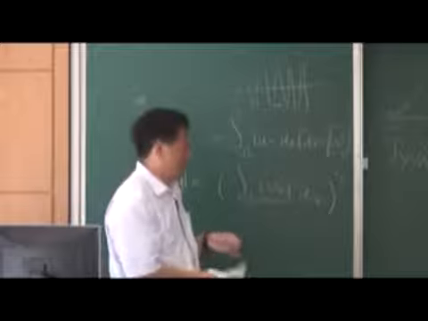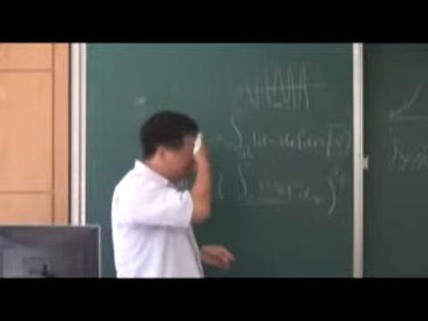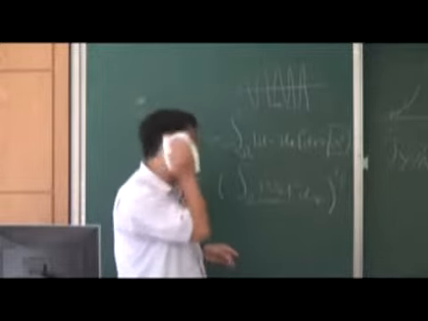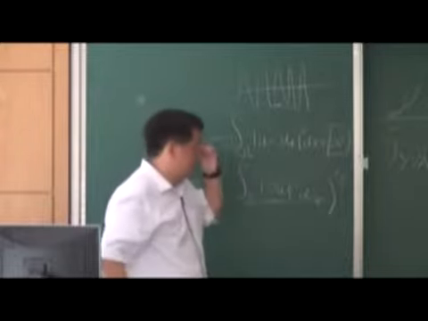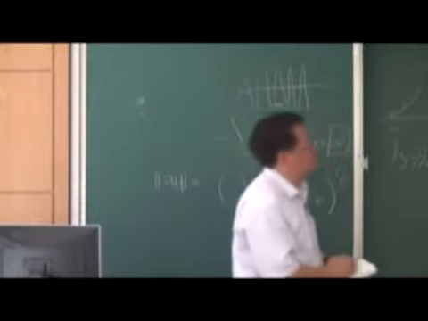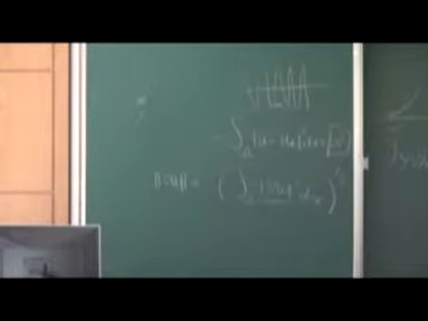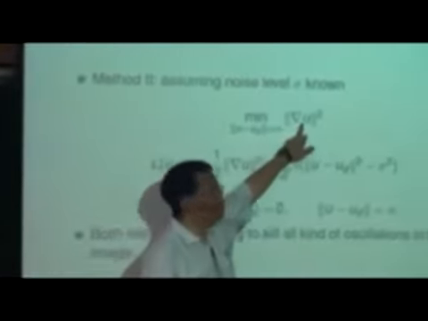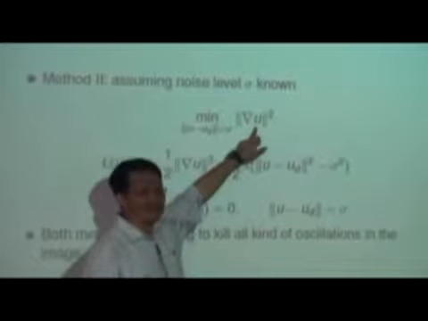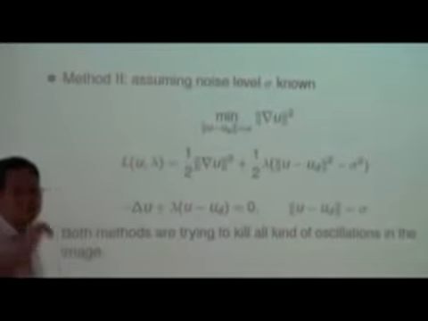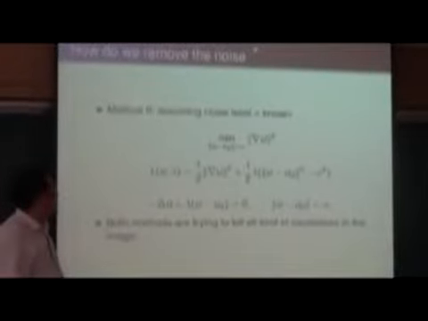Essentially, you try to find a function which has the smallest oscillation among the infinitely many images satisfying this constraint. If you do this, you will remove the noise, right?